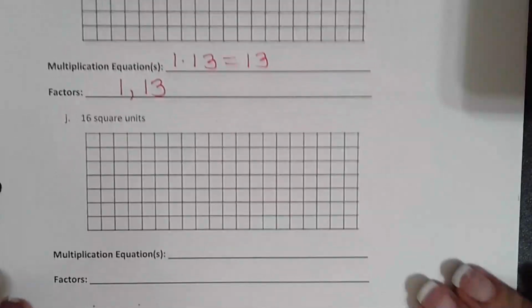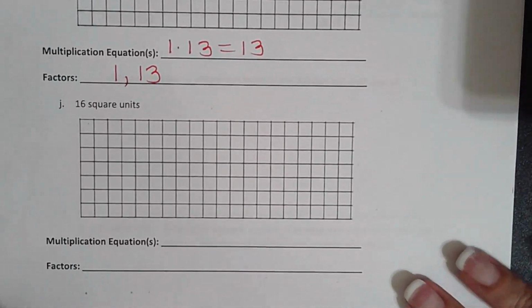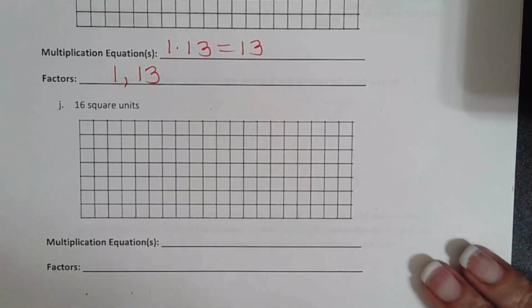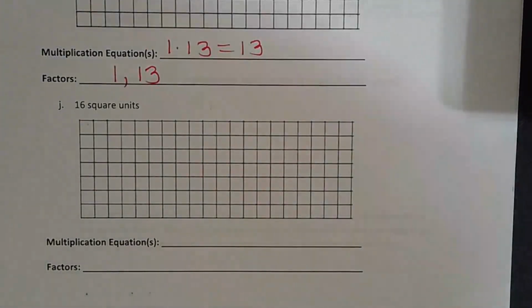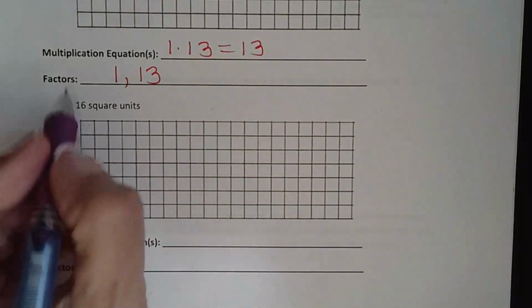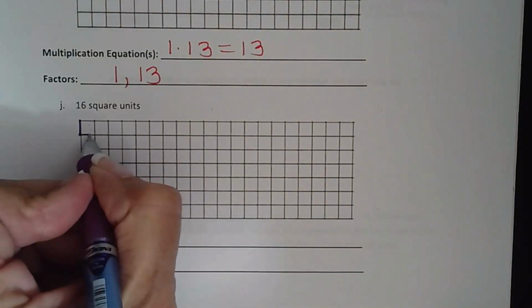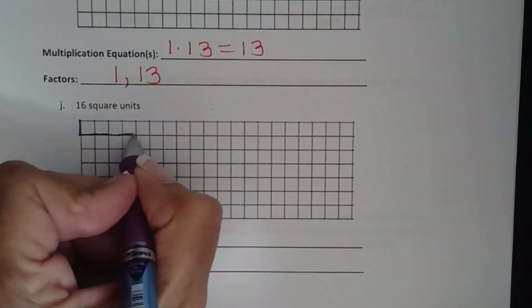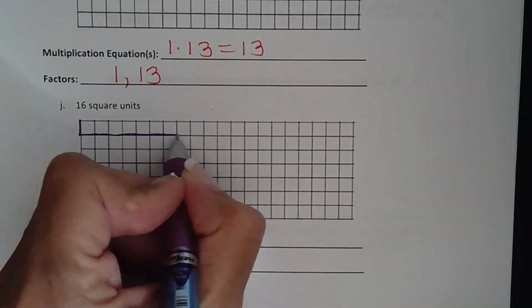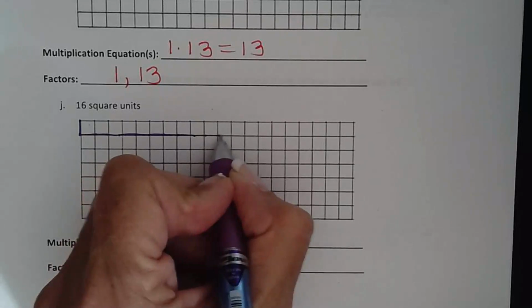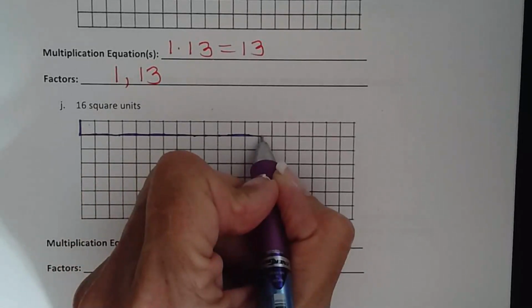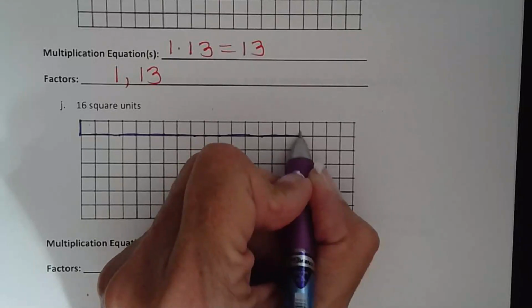16. Ooh, we might have quite a few in that one, huh? So 16, we have 1 and 16.